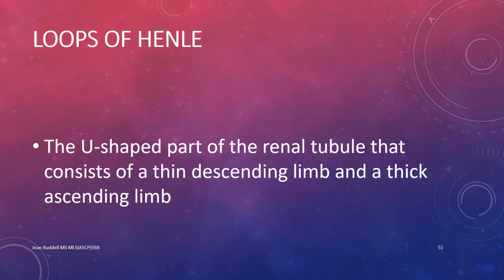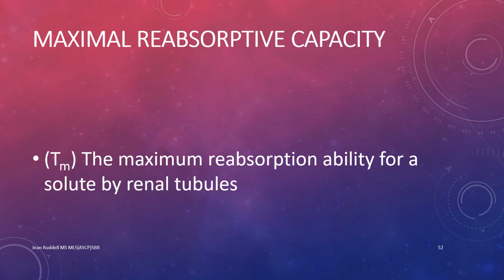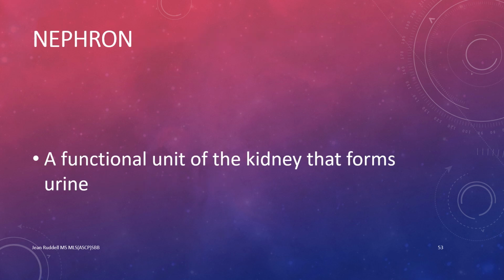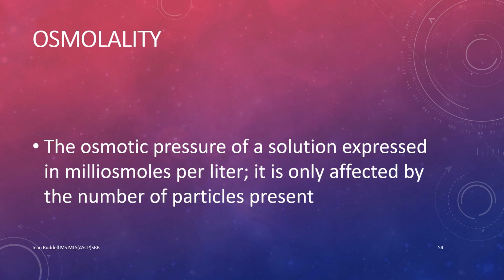Loops of Henle, the U-shaped part of the renal tubule that consists of a thin descending limb and a thick ascending limb. Maximal reabsorption capacity, TM, the maximum reabsorption ability for a solute by renal tubules. Nephron, a functional unit of the kidney that forms urine. Osmolality, the osmotic pressure of a solution expressed in milliosmoles per liter.